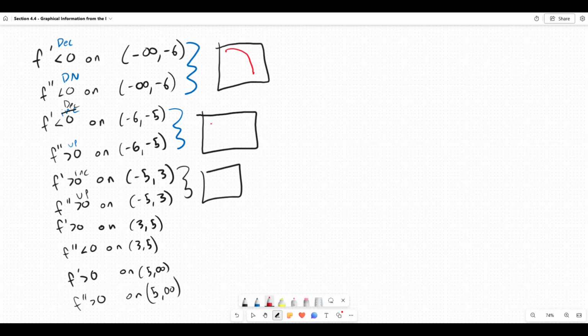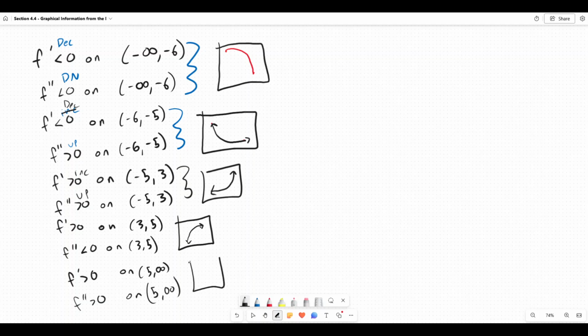So we're decreasing, but now we're concave up. Remember, we're going to hold water. We're increasing concave up. Boom, boom. Down here, we're increasing concave down. Kablam.